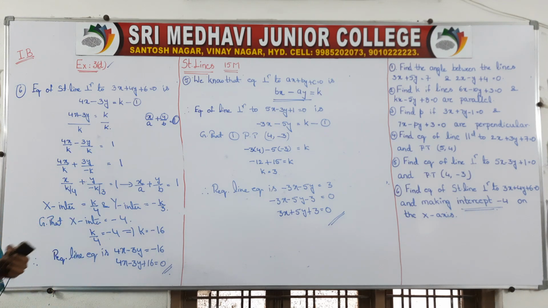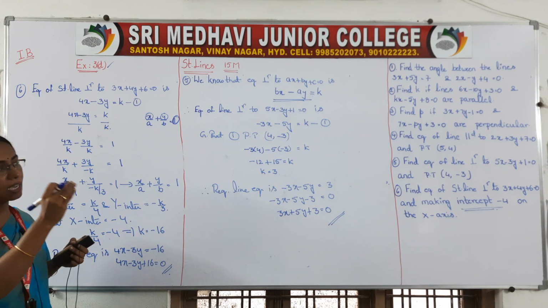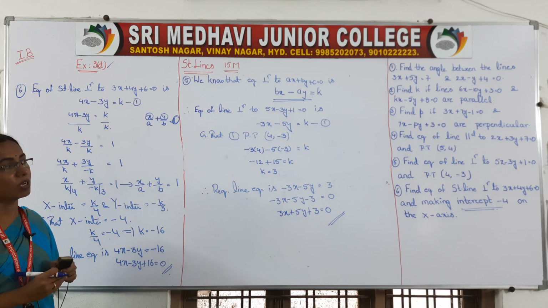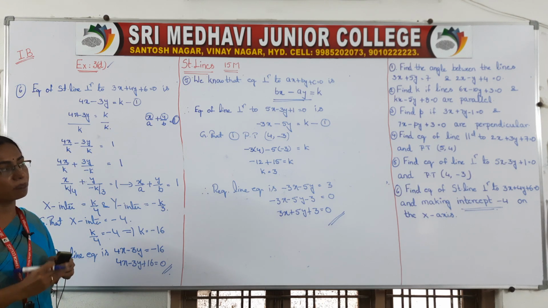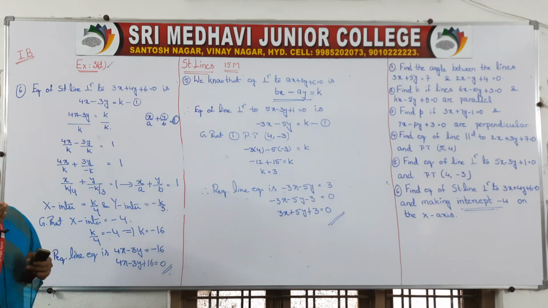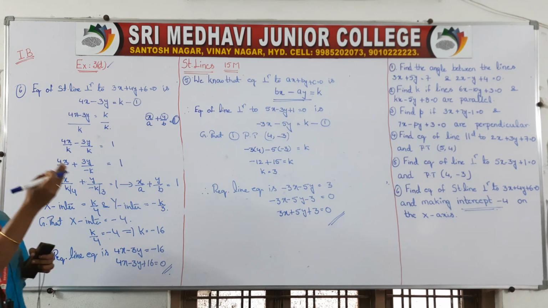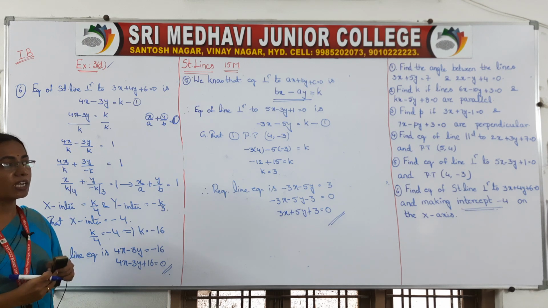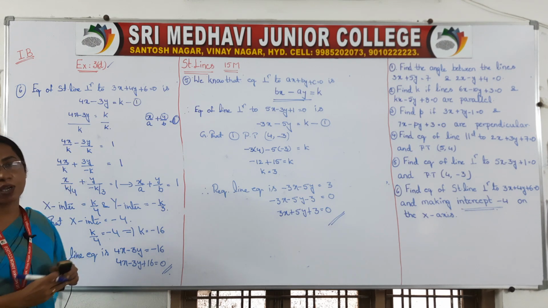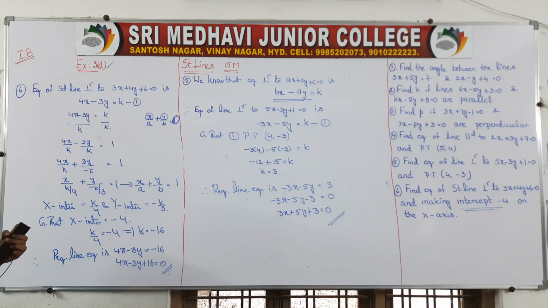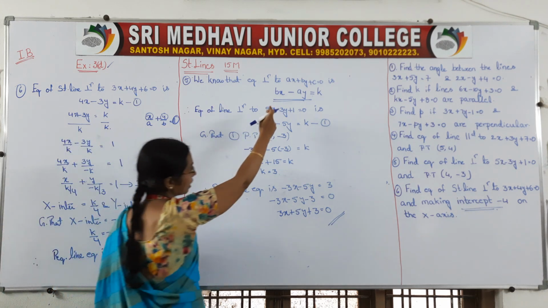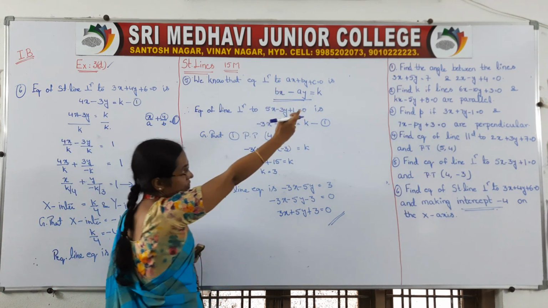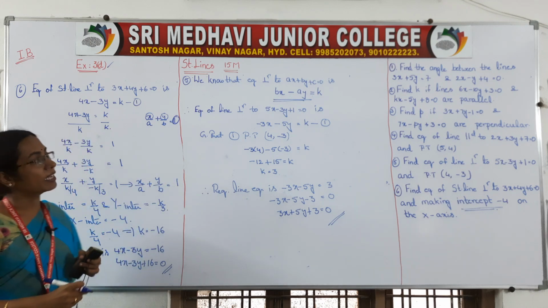Next, find the equation of the line parallel to a given line and passing through (5, 4). For parallel lines, the x and y coefficients will be the same and the constant will be different. And next, find the equation of the line perpendicular to that line and passing through a point. Whenever perpendicular, the x coefficient goes to y, the y coefficient goes to x, and in the middle a minus sign comes.